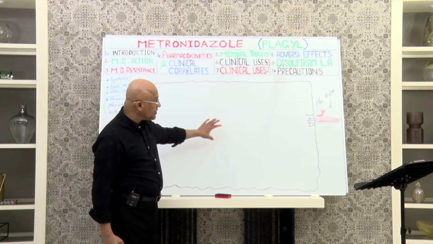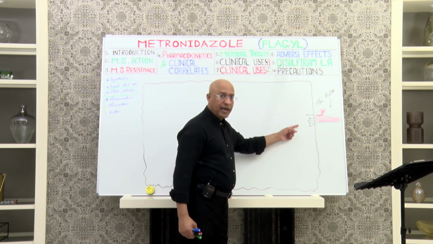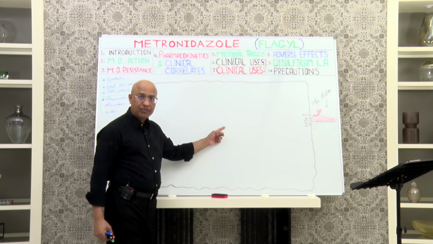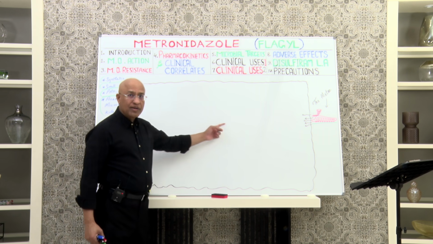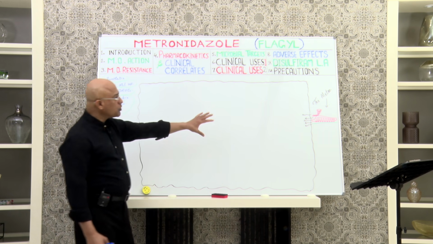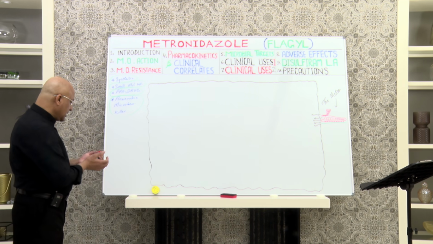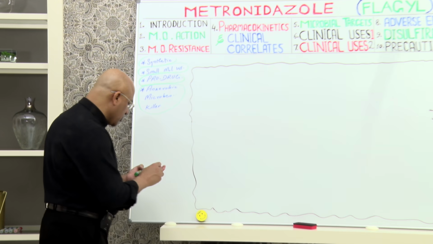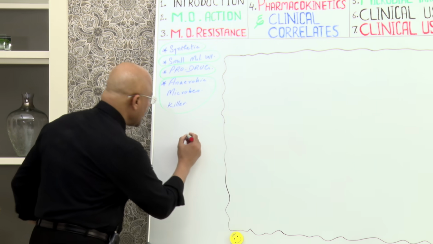So we have to see how metronidazole enters, how it is activated into highly toxic and reactive radicals, and how those radicals kill this cell. Before I go into that detail, let me show you the chemical structure of metronidazole very briefly, right?